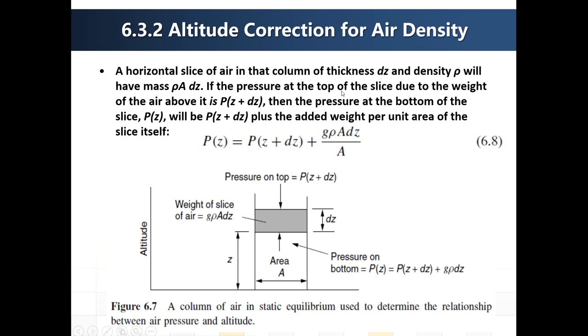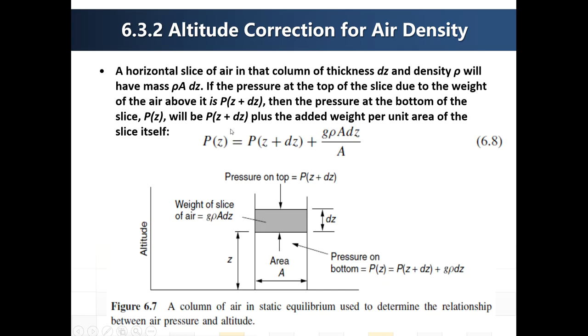If the pressure at the top of the slice is due to the weight of the air above it, then the pressure at the bottom of the slice, Pz, will be P(z+dz) plus the added weight per unit area of the slice itself.